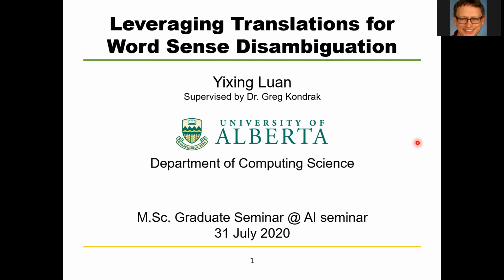But the idea behind this project was basically using translations for this purpose, which apparently nobody has done before. Just very briefly, yesterday another student of mine gave an example of the word aurora in English, which has two different senses.